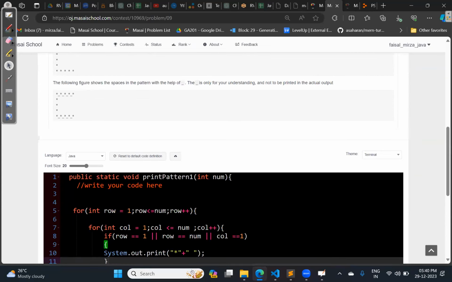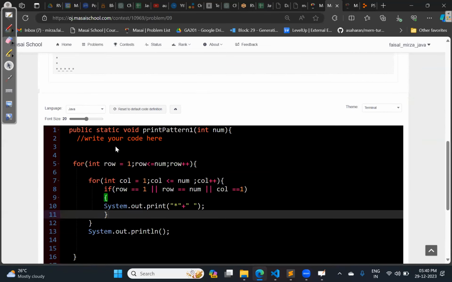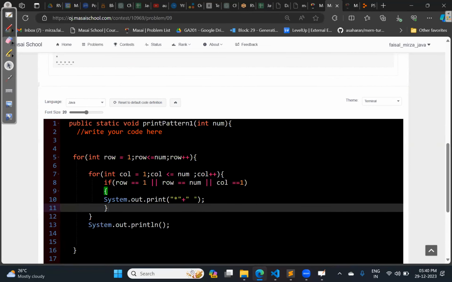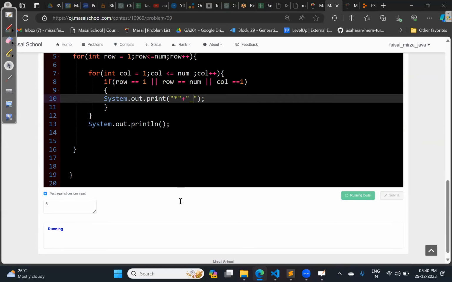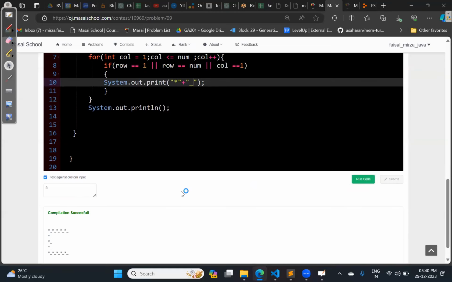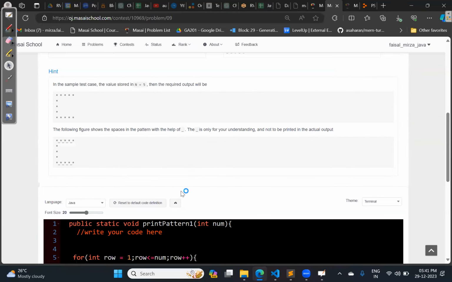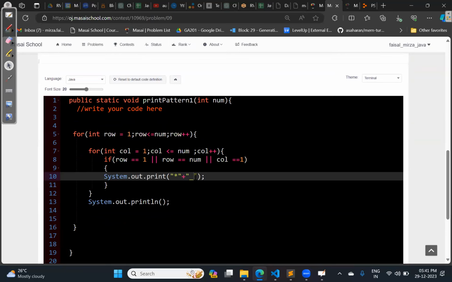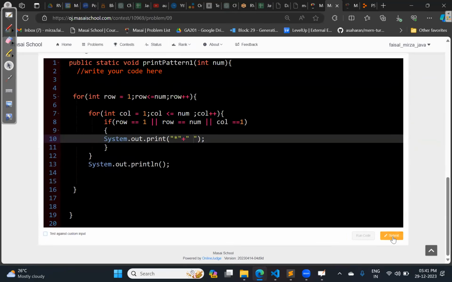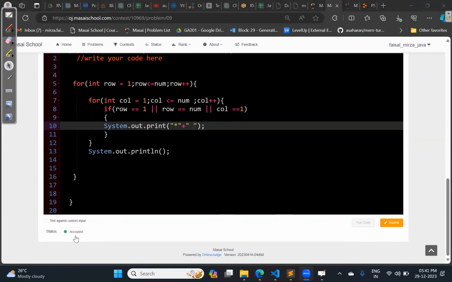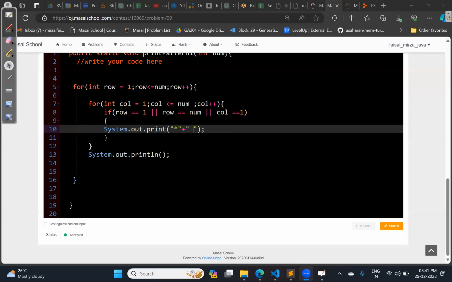And if you want to see the spaces, you can add this under it, that is also possible. Just write down that underscore. So let us see whether we get accepted or not for this. Yeah, let's get accepted.